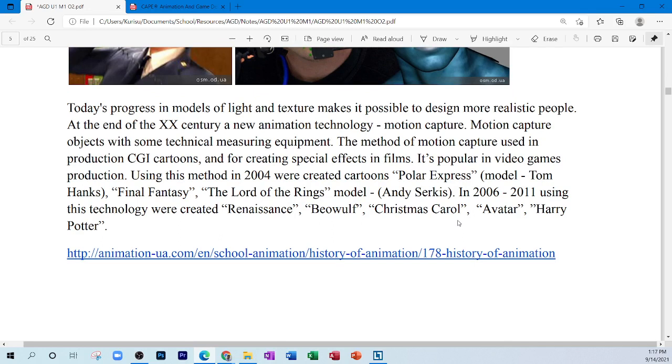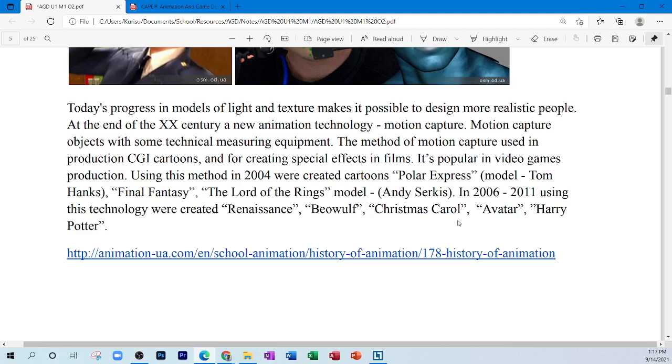Today's progress in models of light and texture makes it possible to design more realistic people. At the end of the 20th century, a new animation technology, motion capture, captured objects with some technical measuring equipment. The method of motion capture is used in production of CGI cartoons and for creating special effects in films.